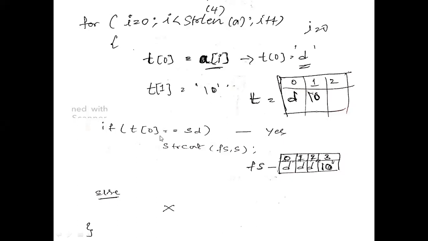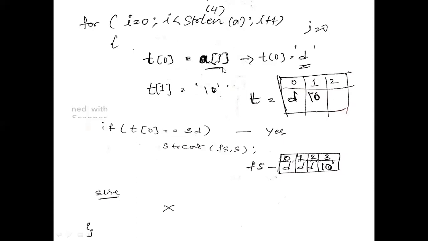Now you are checking if the very first character that you have entered into t is the same as the start flag character. You are checking whether any character that you're taking from the array is equal to the start flag character.